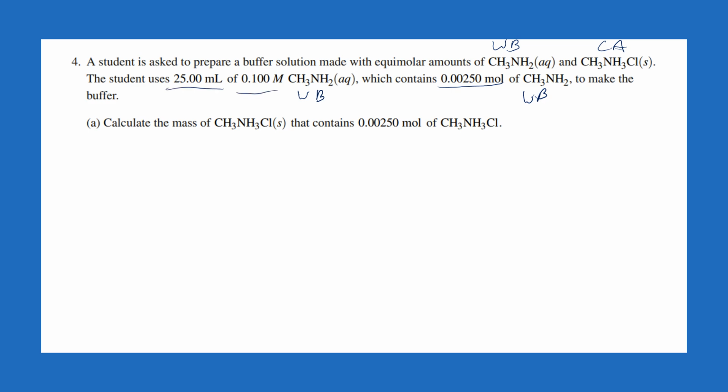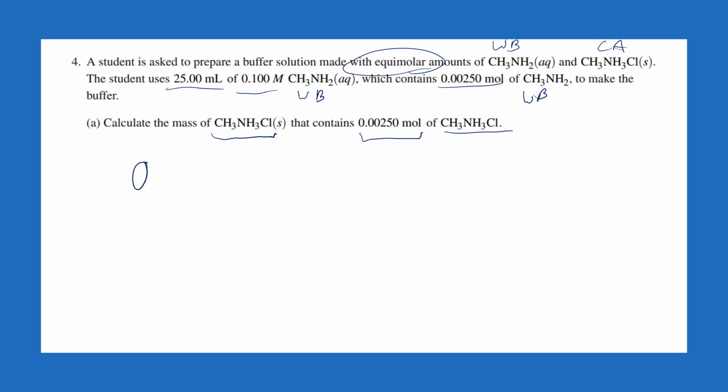But anyway, to make the buffer, calculate the mass of this stuff that you have to make this many moles of the CH3NH3Cl. And the reason we're looking for this many moles is because we want equal molar amounts. This is a kind of strangely worded question, but anyway.